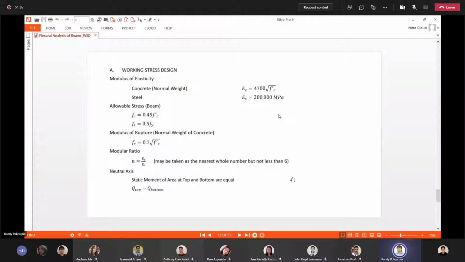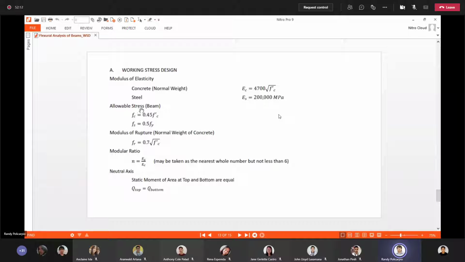So what else? For the working stress design method, ito yung mga formulas na kailangan natin i-consider. For the concrete, for normal weight, the computation of the modulus of elasticity of concrete, this is for metric system or SI system, is 4,700 multiplied by the square root of F prime C. Then for the steel, we have 200,000 megapascal.